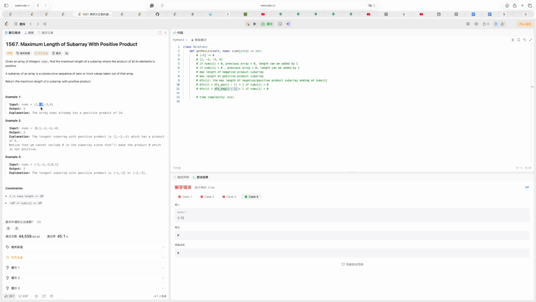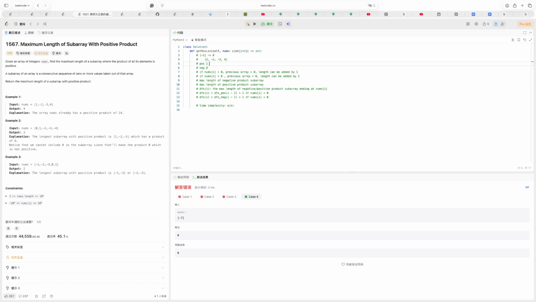Okay, something like, when we are at 1, I'll say this positive and this negative length, and this will be 1, this will be 0.